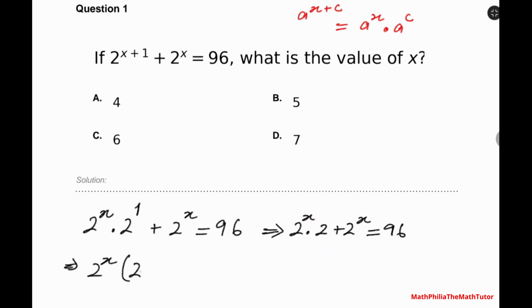We have 2 here, plus if we take 2 raised to the power of x from here, they will cancel each other, so 1 divided by 1 is just 1, and this is equal to 96. Okay, 96. Let's continue. 2 raised to the power of x, well, 2 plus 1 is 3, so multiply by 3 is equal to 96.